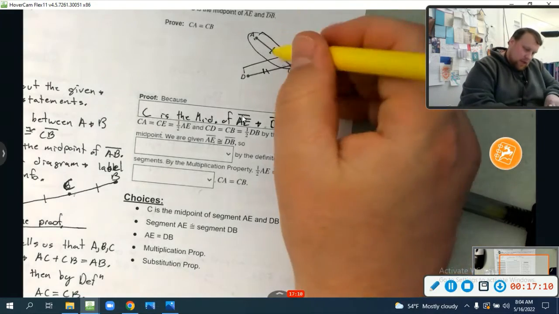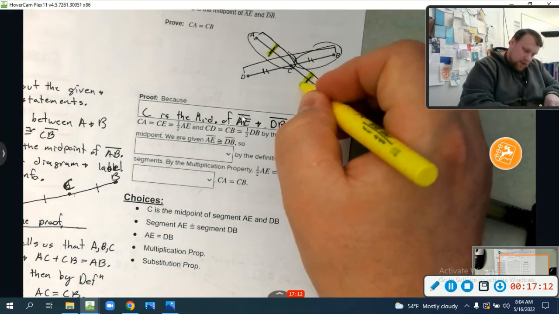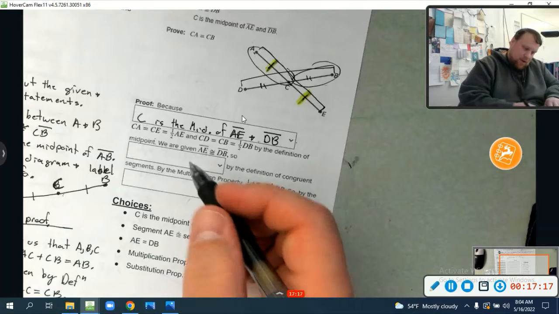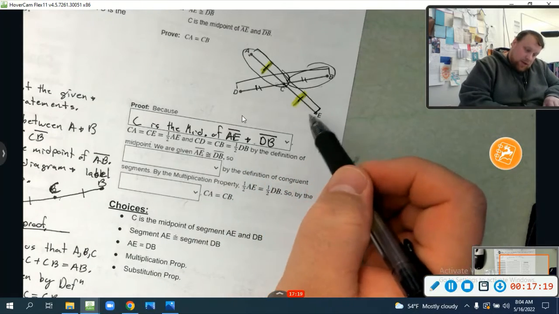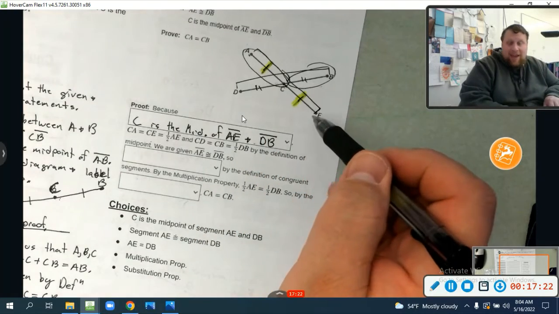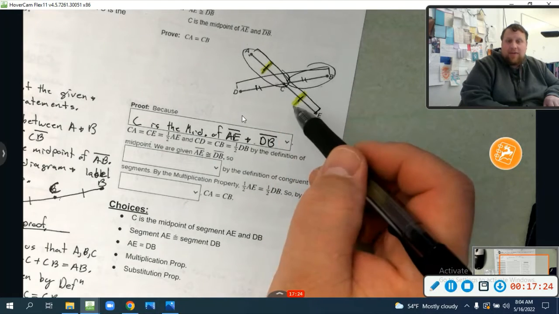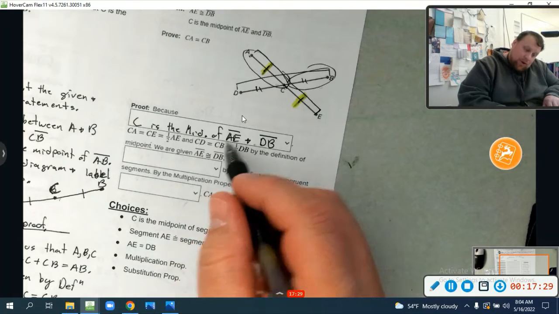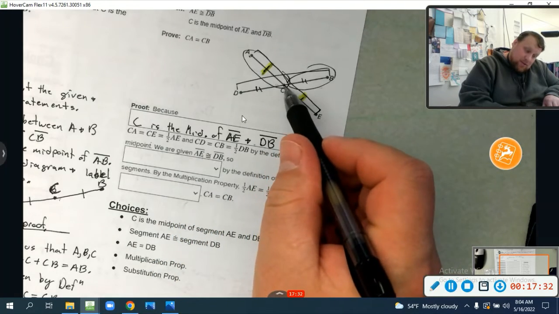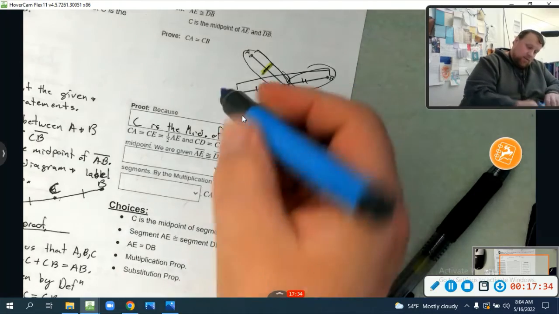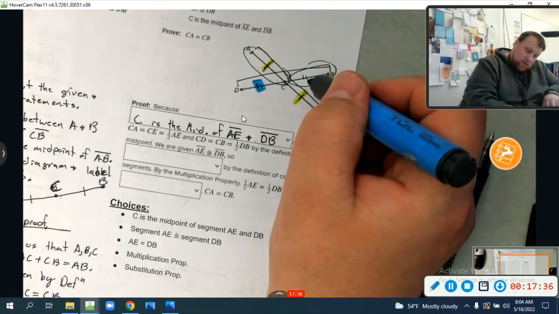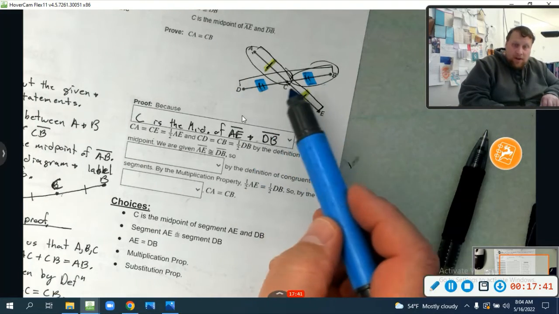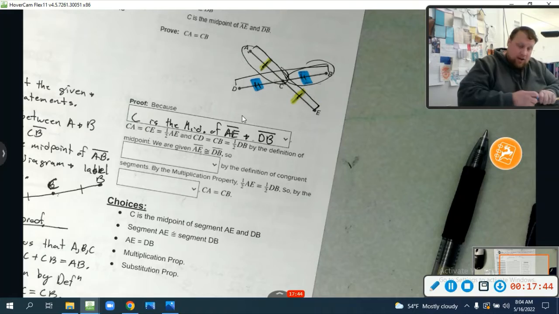So we know that CA is equal to CE, which is also equal to 1/2 AE. Since we've cut this in half, each of these segments is equal to half of AE. And we know that CD is equal to CB, which is also 1/2 of DB, half of that entire line, which makes sense.